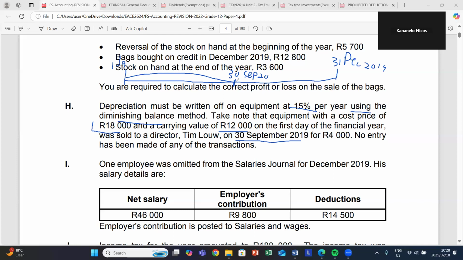Meaning in October 2019 up until December, you no longer had that asset in your business. Meaning you don't have to calculate its depreciation for that period. So for this current financial year, we only use it for 9 months, from January up until September.